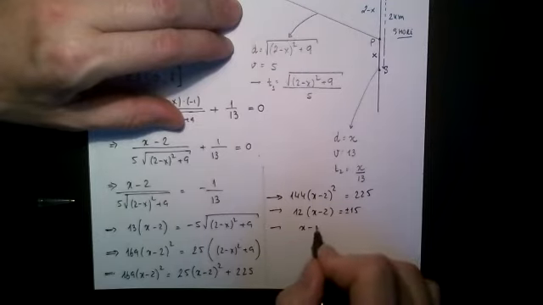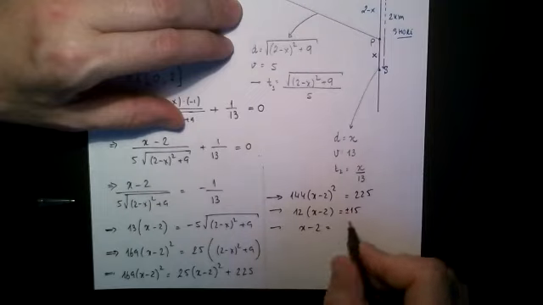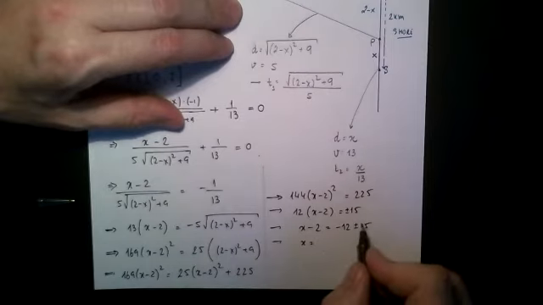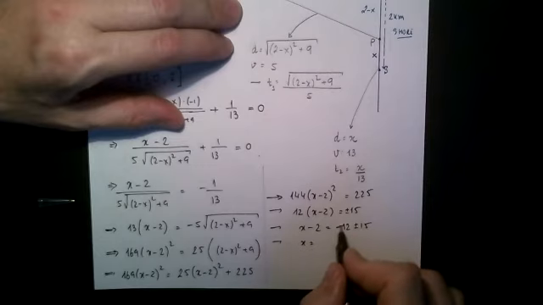And so x minus 2 is equal to plus or minus 15 over 12, sorry.